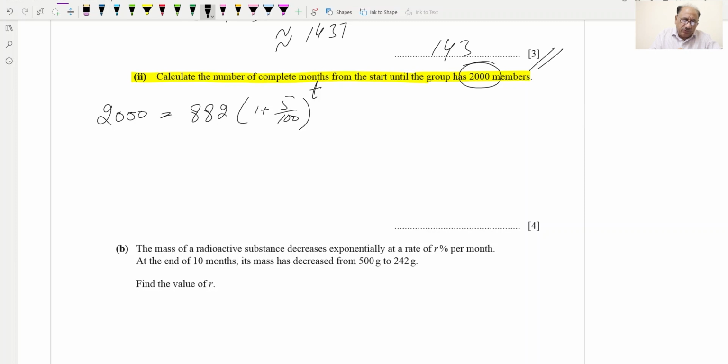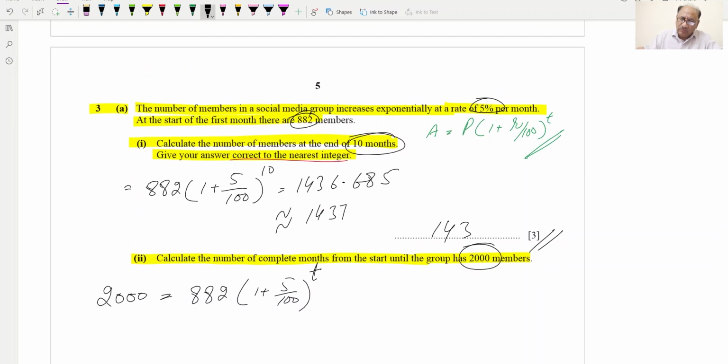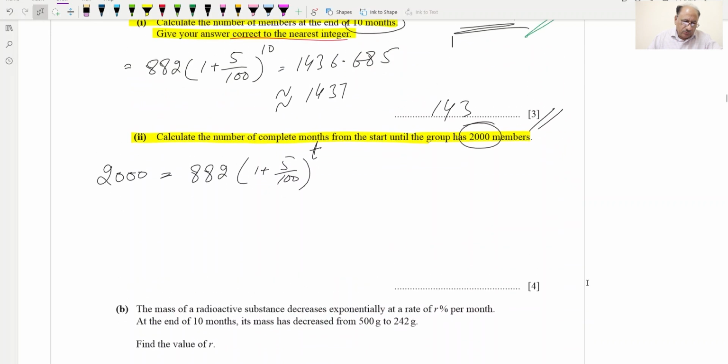So the same formula which we have written over here, we are applying again, and now we can simplify this. To simplify this, we will be shifting this 882 to the other side. So 2000 divided by 882. Algebraic simplification is everywhere, so you need to focus more on algebra so that you will not face any trouble in simplification of these types of equations. Now to get the value of t, we can take log on both sides.